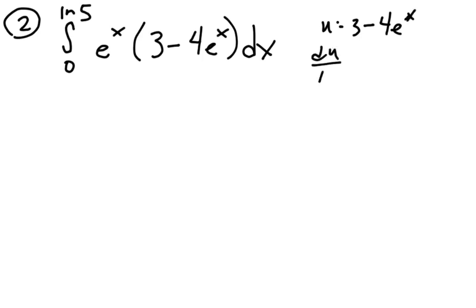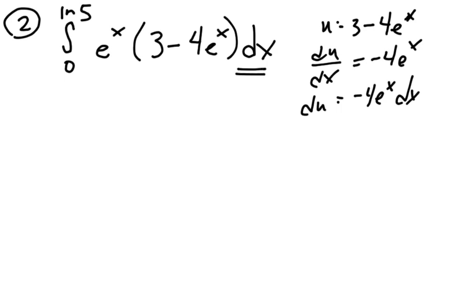Du dx would then be -4 e to the x multiplied by dx on both sides. And now if you isolate the dx, actually, we don't want to just isolate the dx because we also have the e to the x here. So we can leave all that together over here and just multiply by negative 1/4 on both sides.